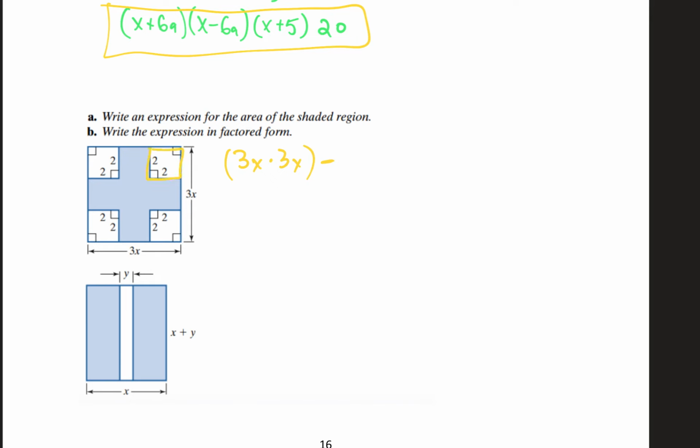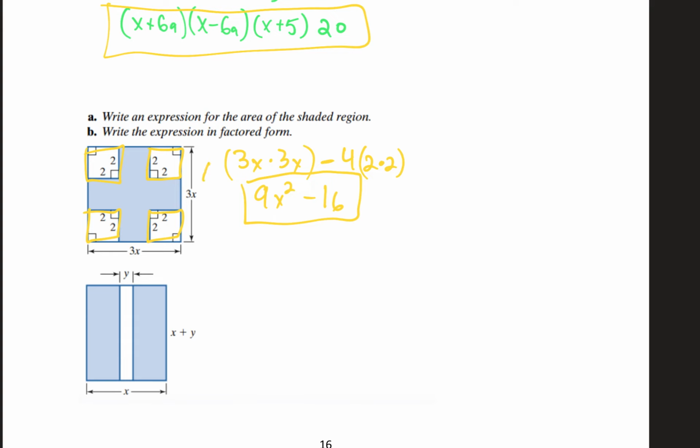Well, the white spots, it looks like they are 4 rectangles, or 4 squares, where I need to do 2 times 2. So if I multiply the 3x times 3x, that'll give me 9x squared minus 2 times 2 is 4, times 4 is 16. So that is the expression of the shaded region.